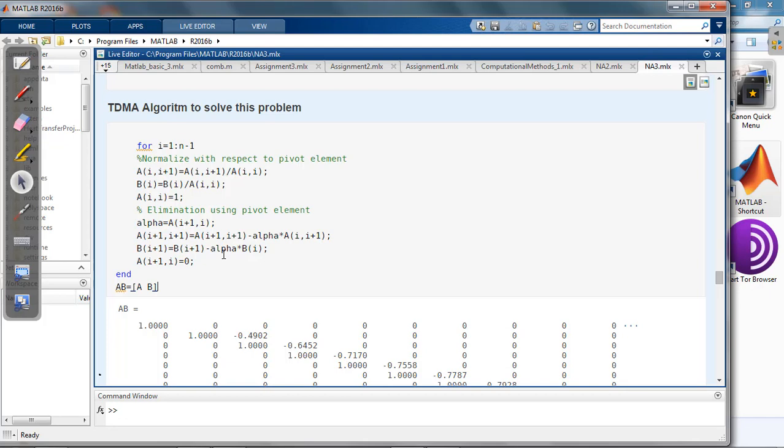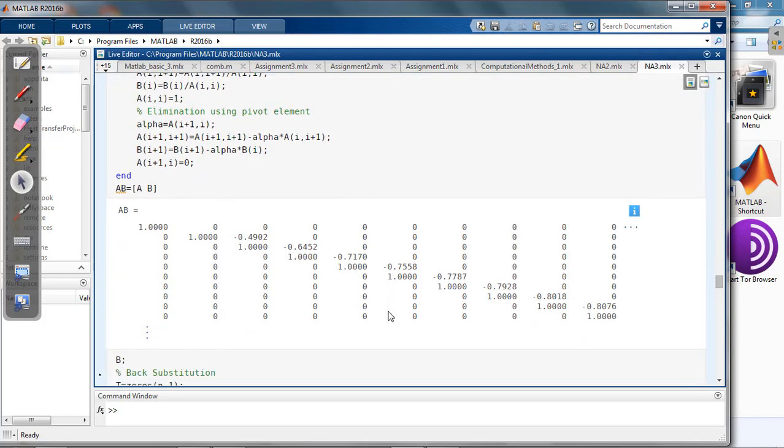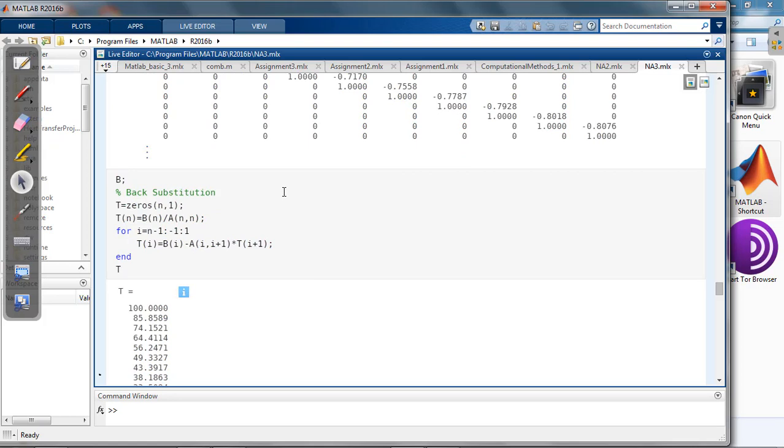Next, after completing that, you can see this upper triangular matrix has been formed, and finally what you have to do is back substitute. Again, in the back substitution you need not do the whole process that we have done in the case of Gauss elimination.